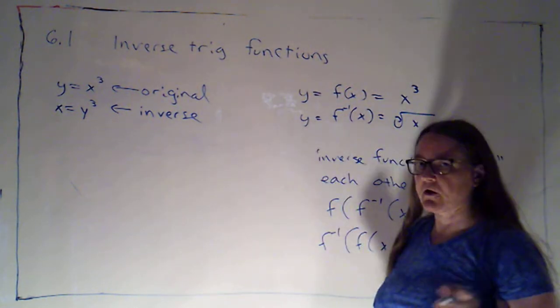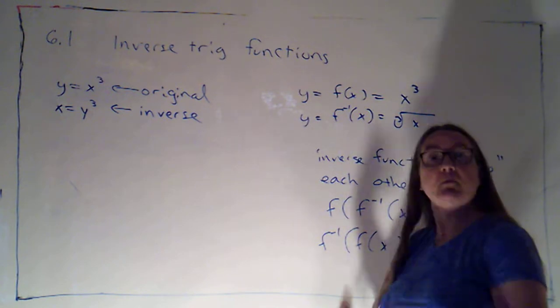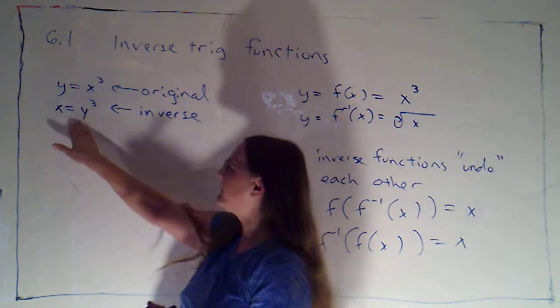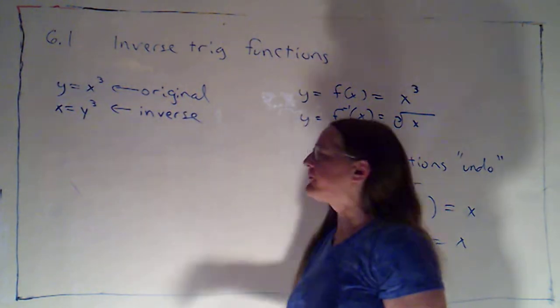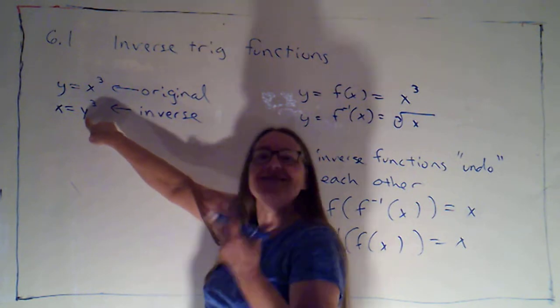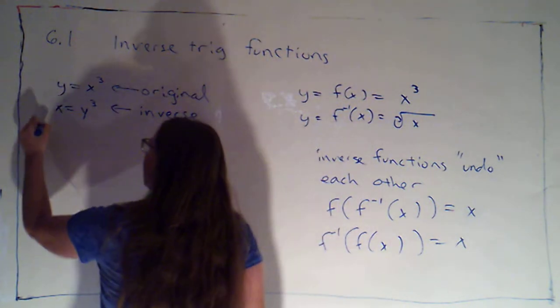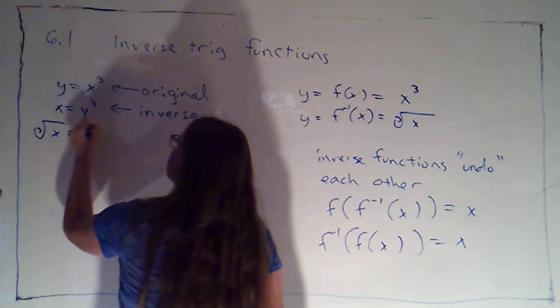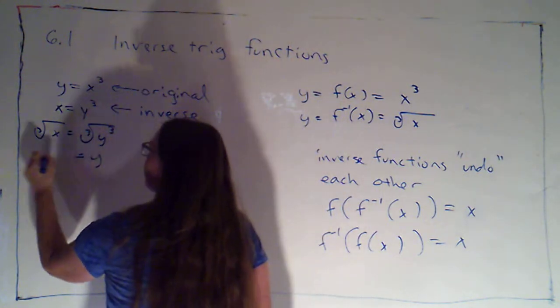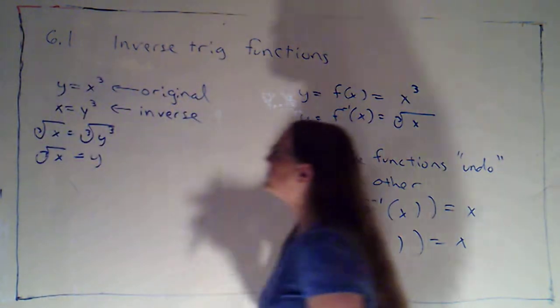The reason that works is because in standard form, a function, we would solve it for y. So this isn't in standard form because it's solved for x instead of for y. So if I wanted to solve for y, I would have to say, I need to uncube that. How do I undo cubing? And so I would take the cube root of both sides. But of course, the cube root of y cubed is just y. Okay.